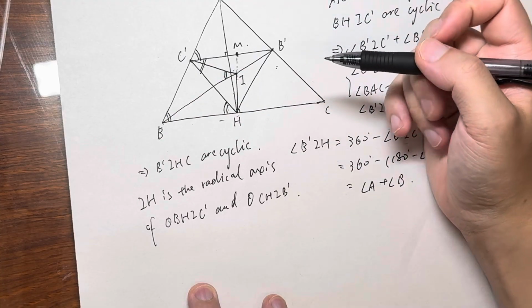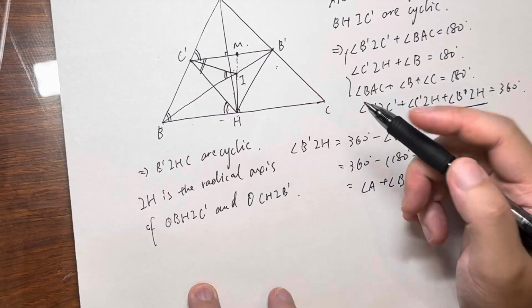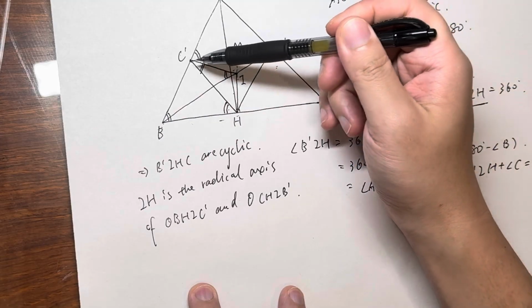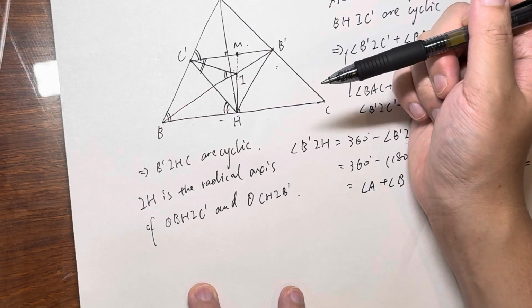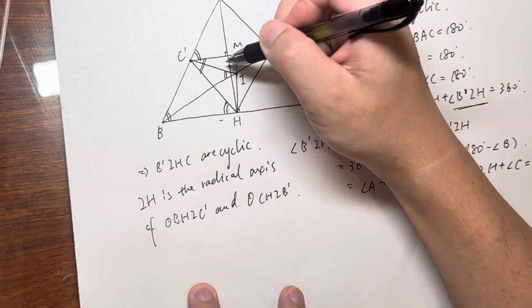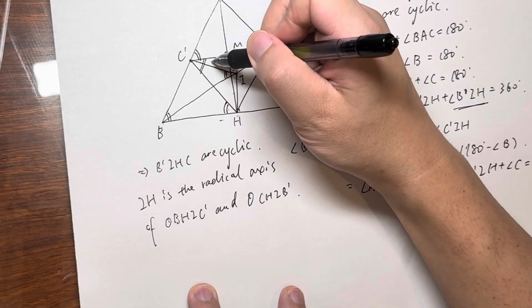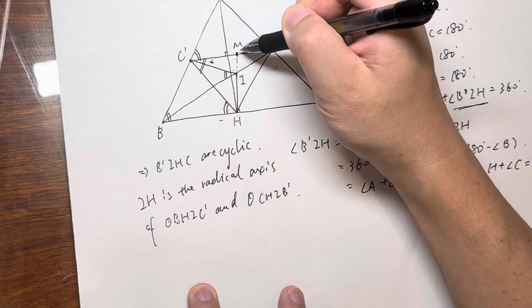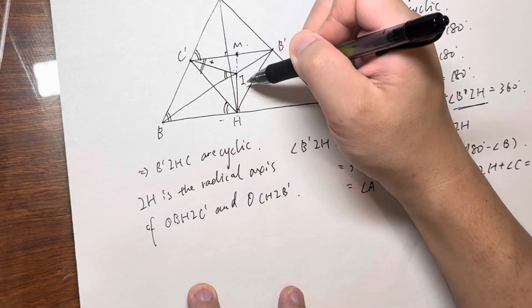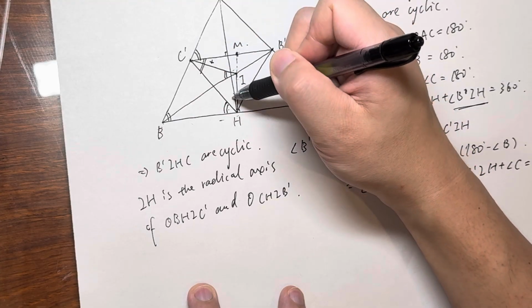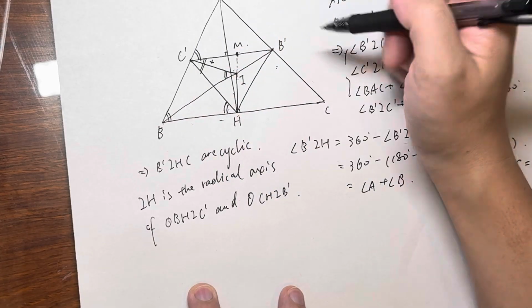And the target, remember the target is to prove that MC' is a tangent line, which means that if this is a tangent line, we want to prove that the angle MC'I equals to angle C'HI, or the angle C'BI, right?